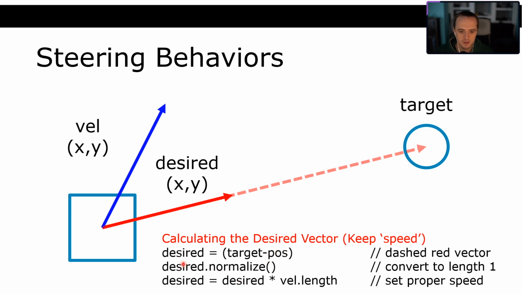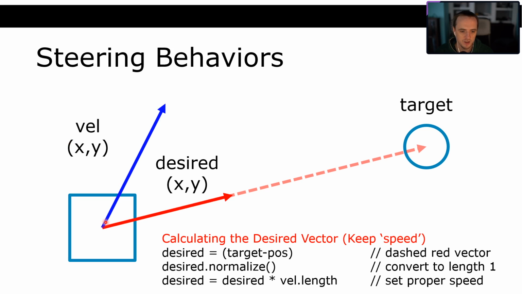Then I'm going to normalize the desired vector, right? And we've looked at this before. Normalizing it converts it to length 1 by dividing each of the x and y by the length of the vector. And then we change the desired length by multiplying it by the length of the velocity.